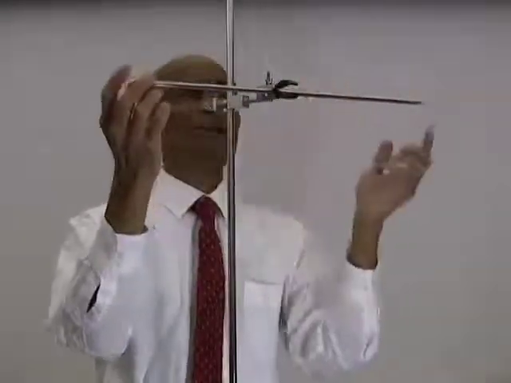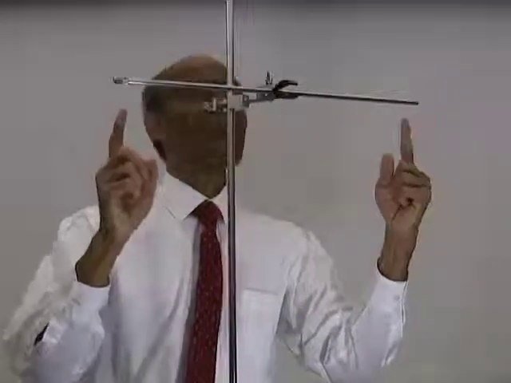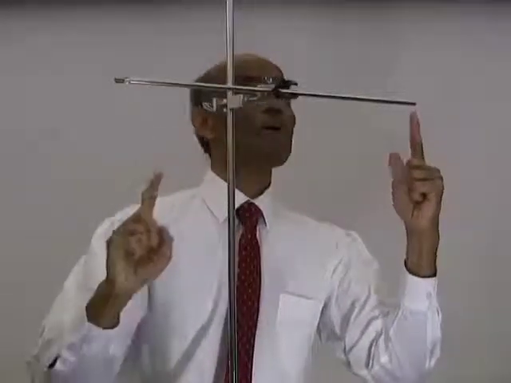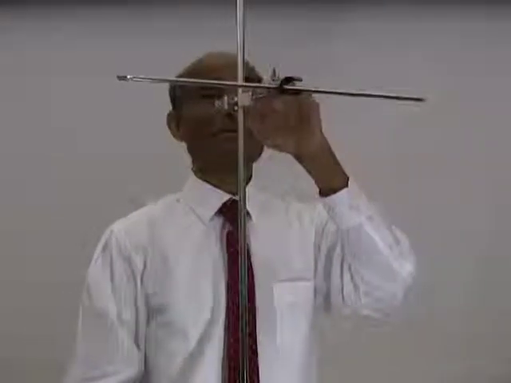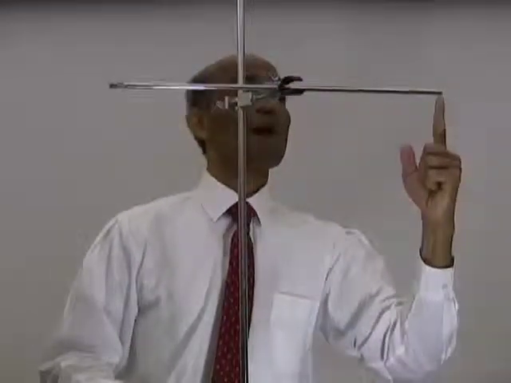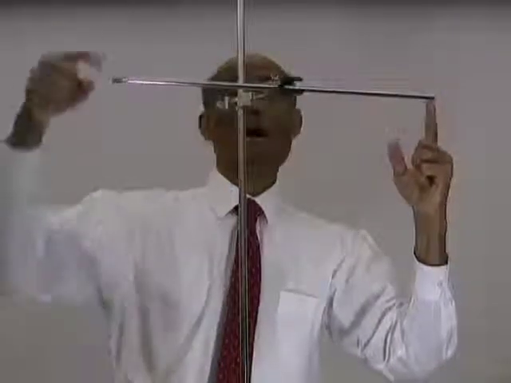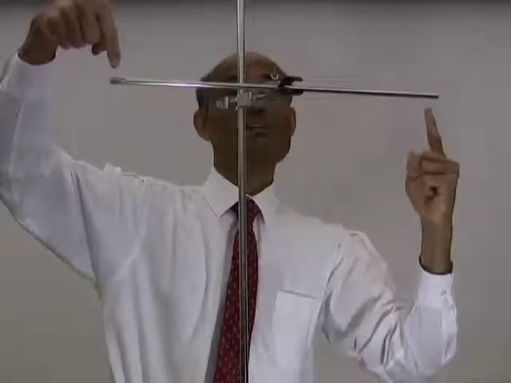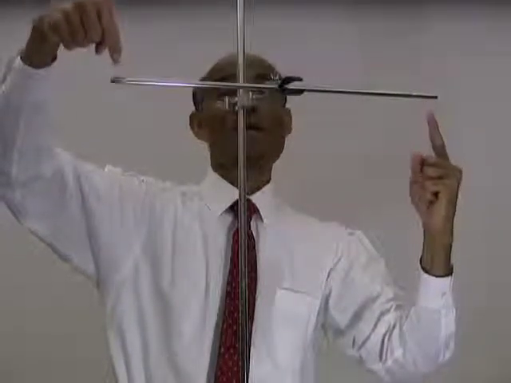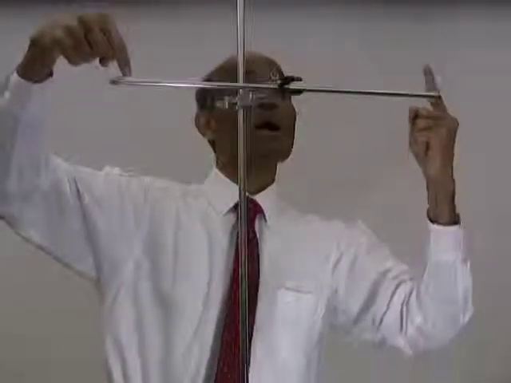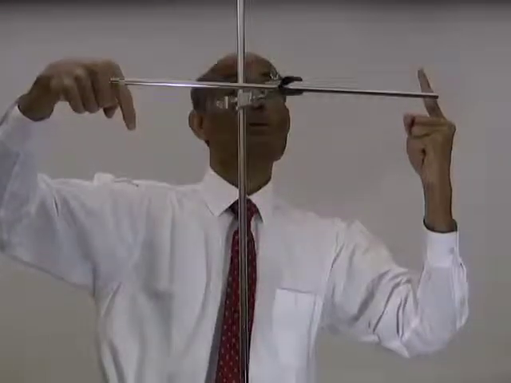Well, now look at this rod. I'm going to apply a force upward on my left. Well, on my left will look like your right. So I'm going to apply a force upward here and downward at the other end. I'm going to apply equal forces, one upward and the other downward.